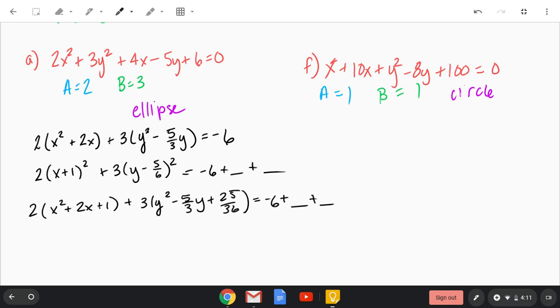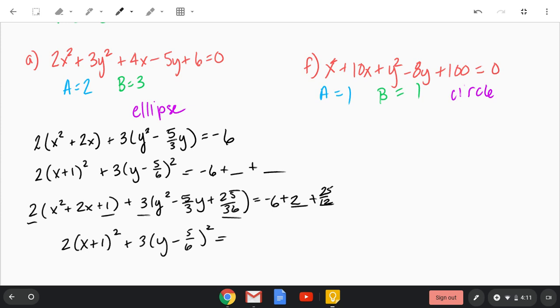So on this side, we added 2. And then the y's, we added 75/36, or we can reduce that, 25/12. So we have 2x plus 1 squared plus 3y minus 5/6 squared.